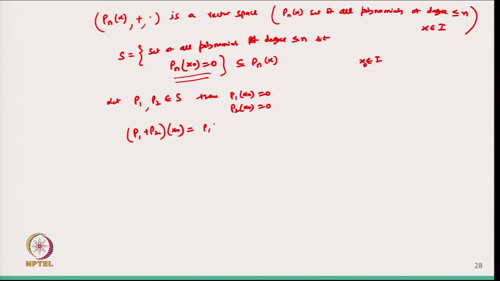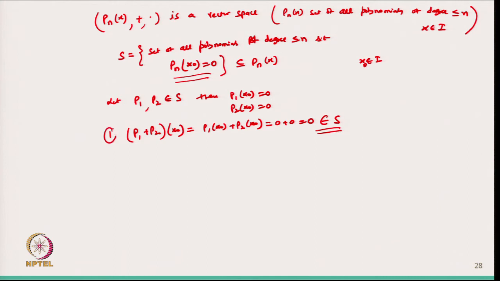This is equal to P 1 x naught plus P 2 x naught, which is 0 plus 0, and that is equal to 0. So, this is true for P 1 and P 2, and it means that P 1 plus P 2 also belongs to S, because it is a polynomial that also has x naught as a root, and definitely the degree of P 1 plus P 2 is always less than or equal to n. So, this will belong to S.